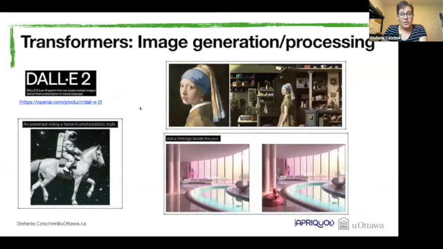Another example where transformers are currently applied is image processing or image generation. One famous example is DALL-E, where we can just ask the engine to draw us a picture, so we can really describe it in words, and what we get out is some really fancy picture, which looks pretty good and pretty realistic, even though it never existed.